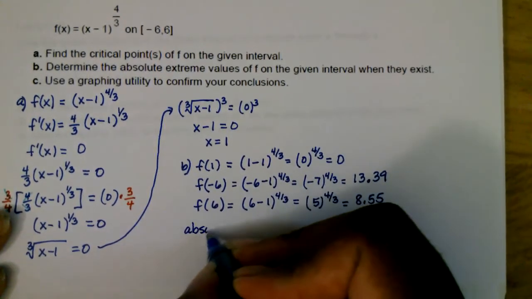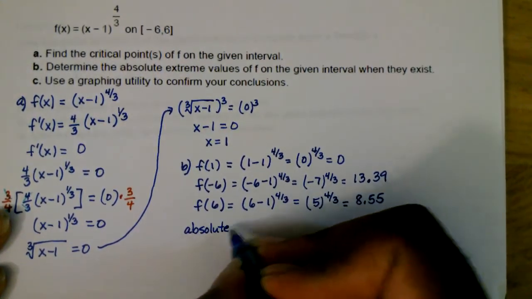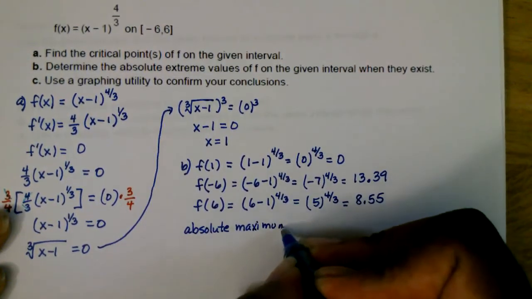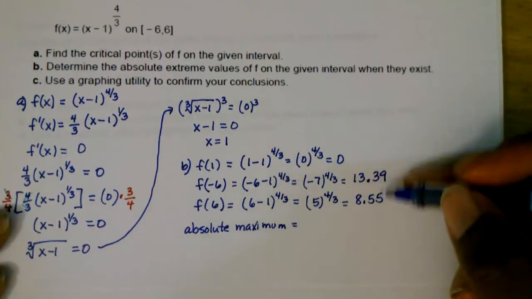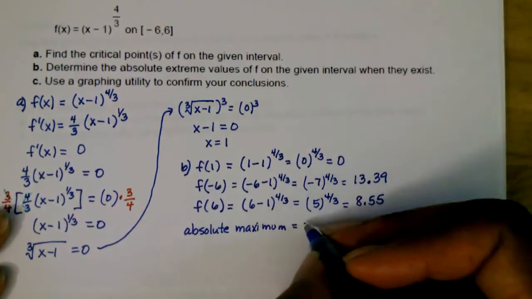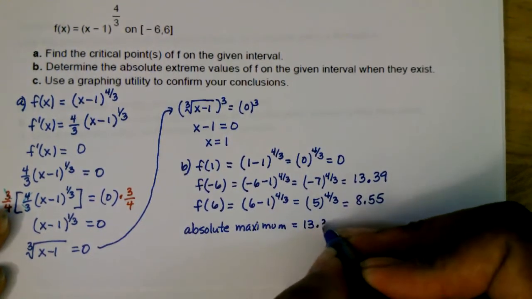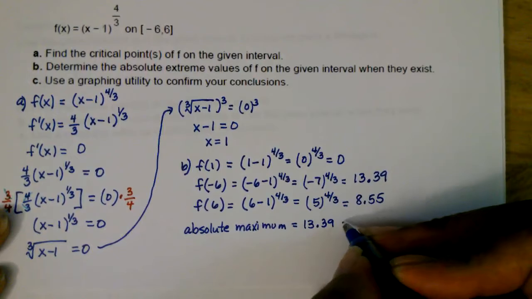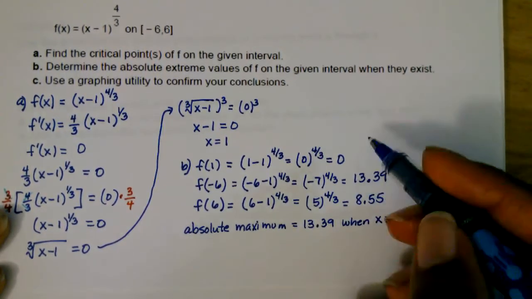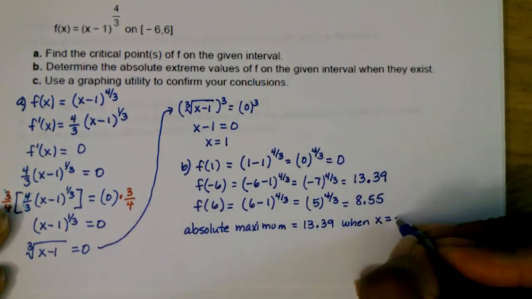Let's start with the absolute maximum. That's going to be the highest of these 3 y values here, which is in this case 13.39. That's my absolute maximum. And that occurred when x was equal to, in this case, -6.